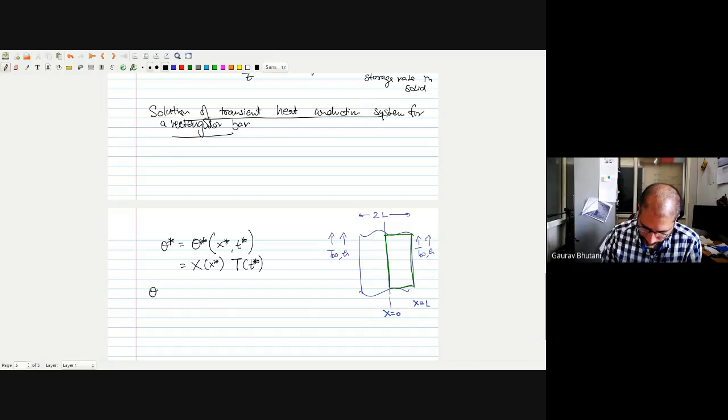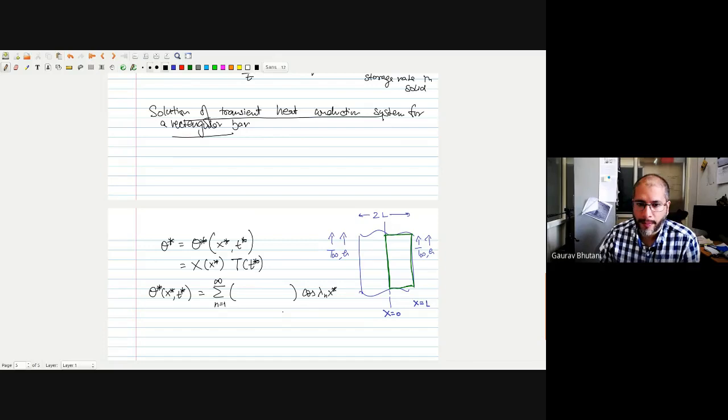I'll write the solution here in front of you. The theta star, which is a function of x star and t star, is a summation over n, and then we have the coefficient here, and then we have cos lambda n x star.